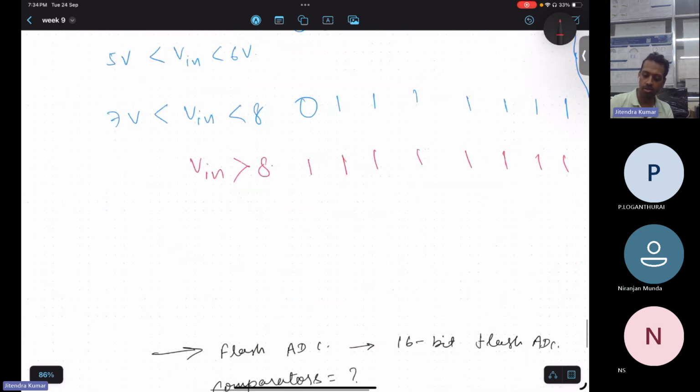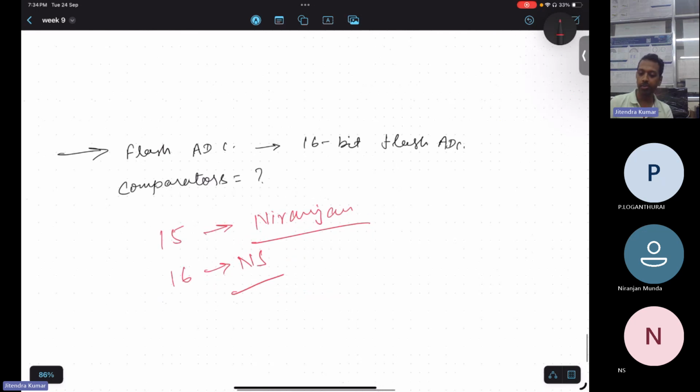So here we have a 16 bit flash ADC. How many comparators will be required? Yes, 65535. Exactly. That is 2 raised to power 16 minus 1 comparators.